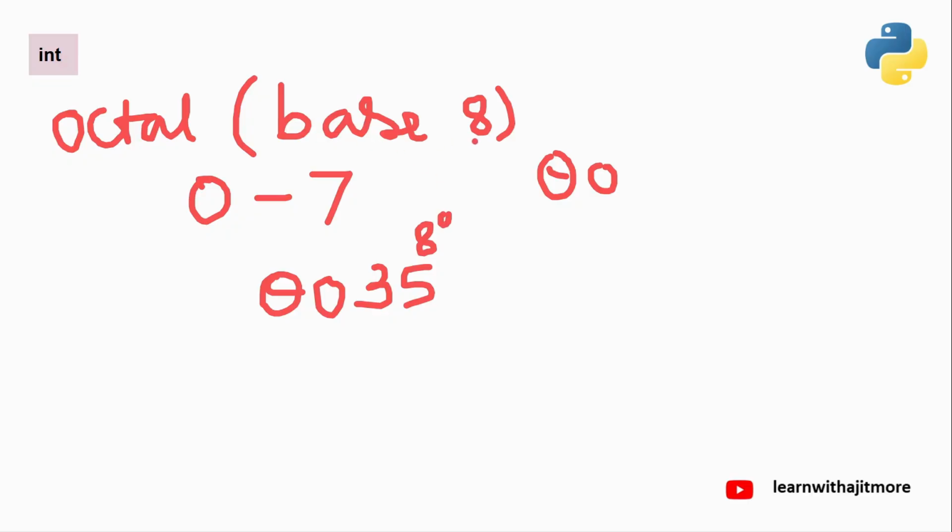That is the reason it's called base 8. Like in decimal it was power of 10, here it is power of 8. So 8 power 0 is 1, 1 into 5 is 5, plus 8 power 1 is 8, into 3 is 24.